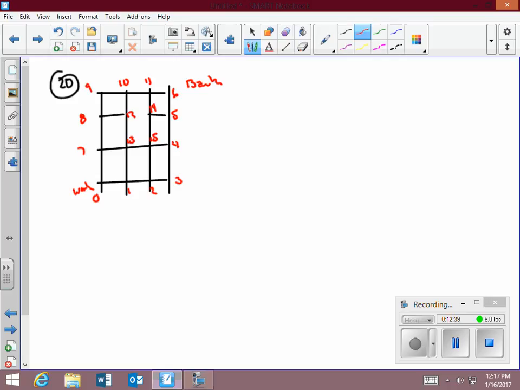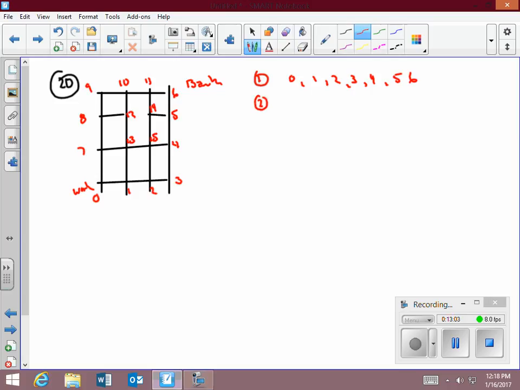Like the first one would be if you went along the bottom and then up, you'd go 0, 1, 2, 3, 4, 5, and 6. And you just list it out.